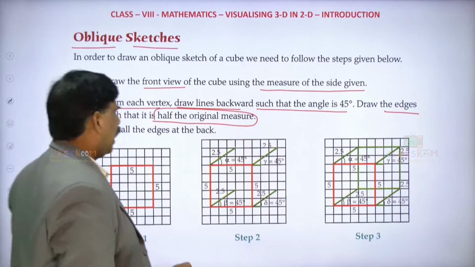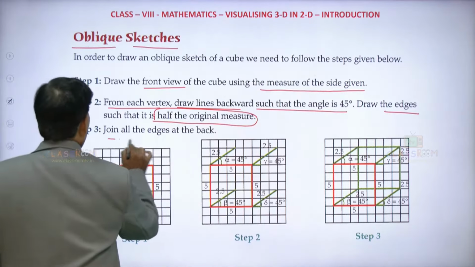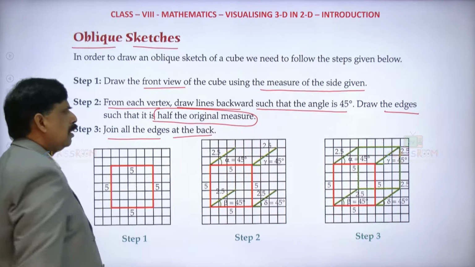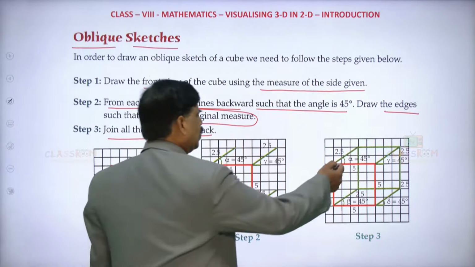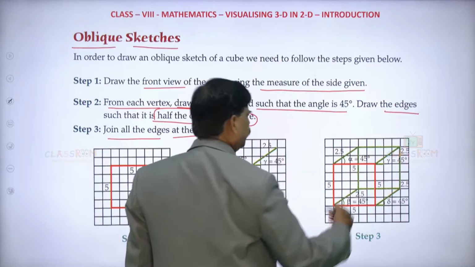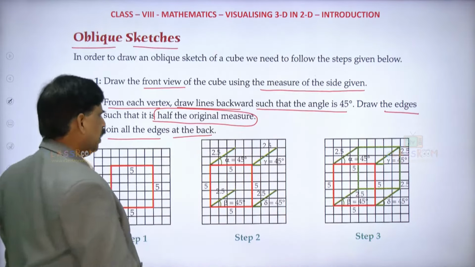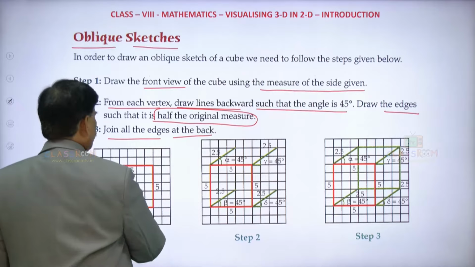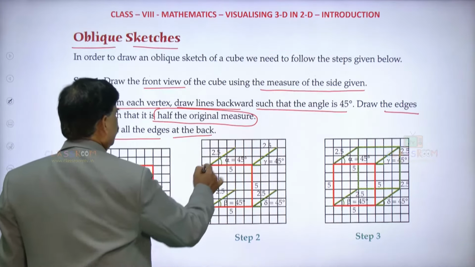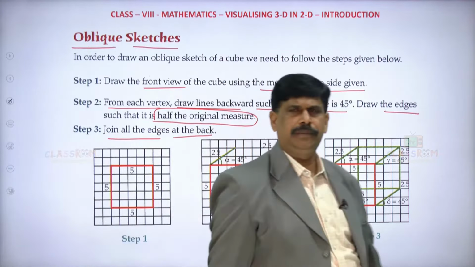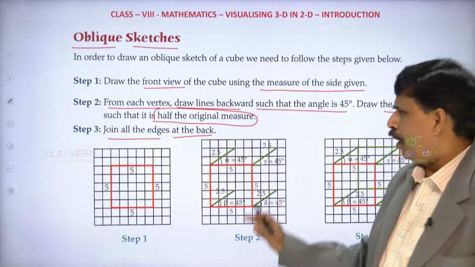Is it clear? And then step 3, just join all the edges at the back. Here it is 5 units, so half of the original is 2.5 units. Understood? So what are the 3 steps?